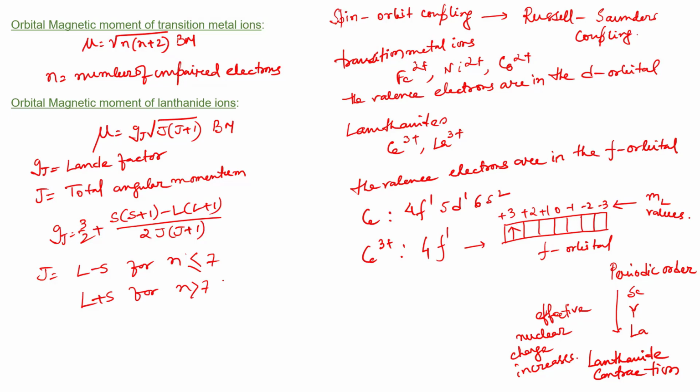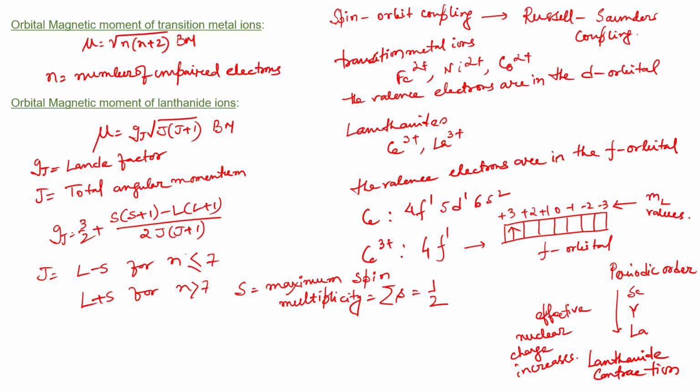For half filled or less than half filled, J equals L minus S, and for more than half filled, J equals L plus S, while S equals the maximum spin multiplicity, that is the summation of small s, the summation of spin moment.